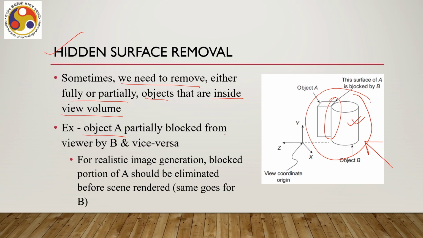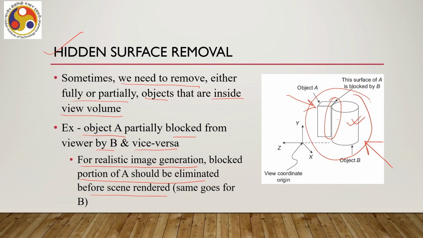So, object A is partially blocked from the viewer by B, and if the viewer position changes to this direction, then object B will be partially blocked by object A. For realistic image generation as well as to reduce computation, the blocked portion of A should be eliminated before the scene is rendered.